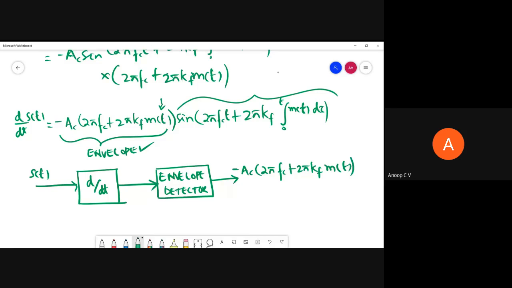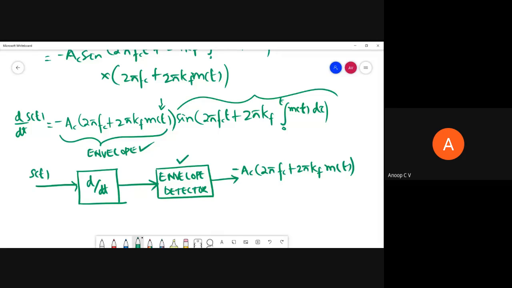Now, you remember for this envelope detector to work, the modulated signal should satisfy certain conditions. We have used the envelope detector to demodulate standard AM, and we have seen that if standard AM has a phase reversal, we can't use the envelope detector. Why?